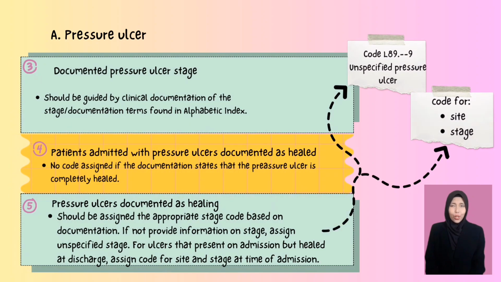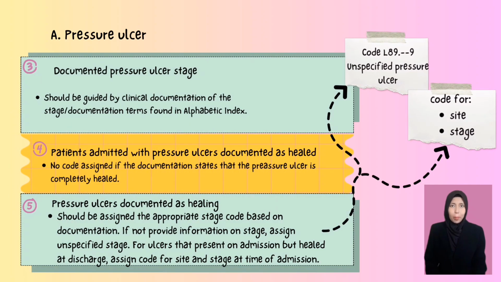Next, there is no code assigned for a patient with a pressure ulcer that is completely healed at the time of admission. Next situation, pressure ulcer documented as healing. A pressure ulcer that is described as healing should be assigned the appropriate stage code based on the documentation in the medical record.